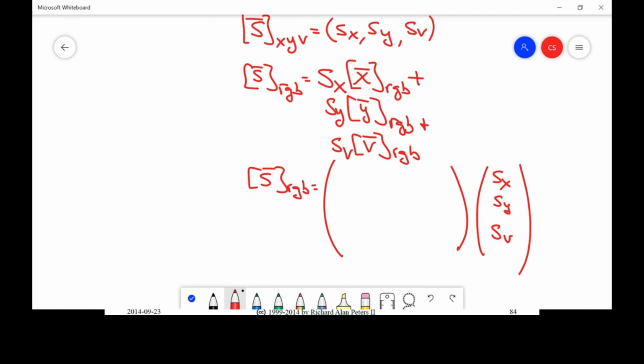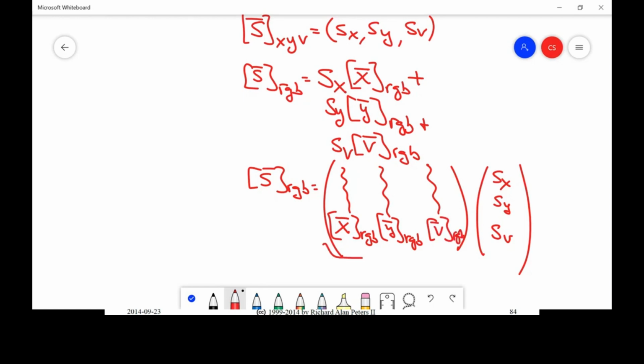And what are the columns of this matrix? The first column is X in the RGB. The second column is Y in the RGB. And the third column is V in the RGB.